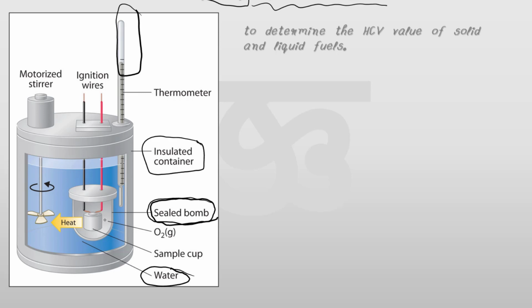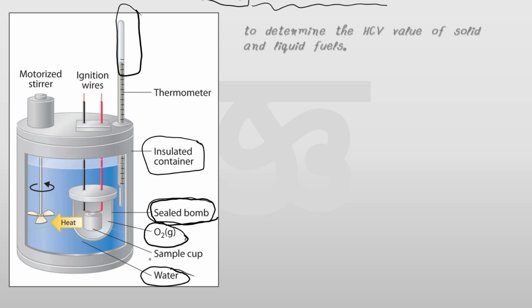Also, this sealed bomb should contain some oxygen, because to burn something inside a container we need oxygen. So we have to supply sufficient oxygen. In this case the oxygen is not supplied continuously; some oxygen is already kept inside that container.